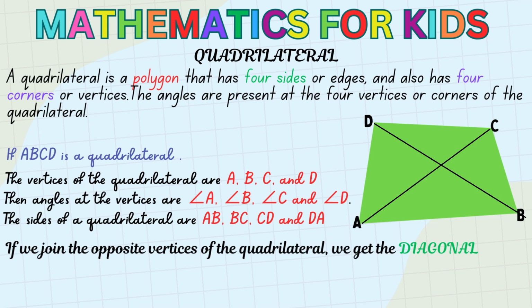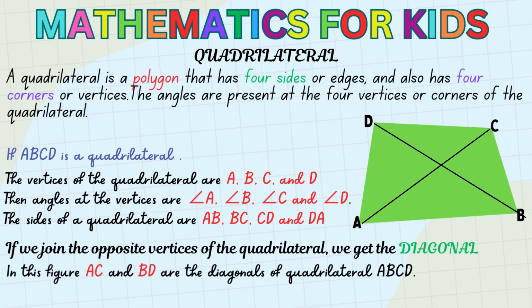The first one is the segment that joins the 2 opposite vertices, A and C. So the first diagonal is AC. And the second diagonal is the segment that joins the 2 opposite vertices, B and D. So the second diagonal is BD. As a result, AC and BD are the diagonals of this quadrilateral ABCD.